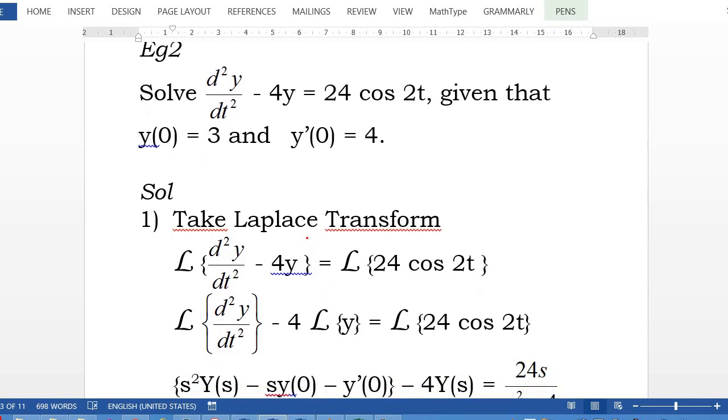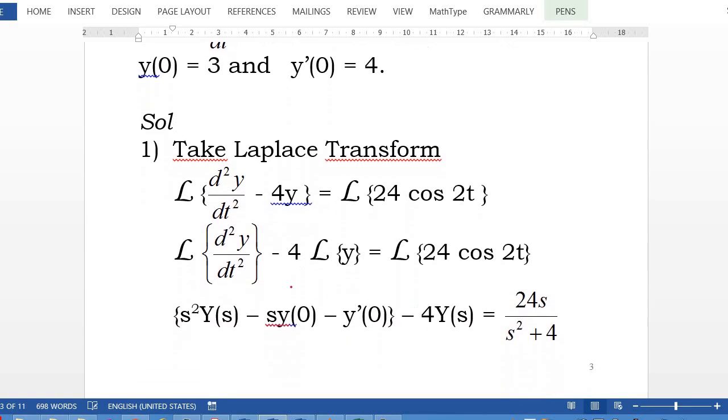Okay, first, we take the Laplace transform of the left side and the right side. So the Laplace transform of the left side, by applying the linearity property, you find the Laplace transform of the second derivative. The second derivative will give s squared Y(s) minus s y(0) minus y'(0).